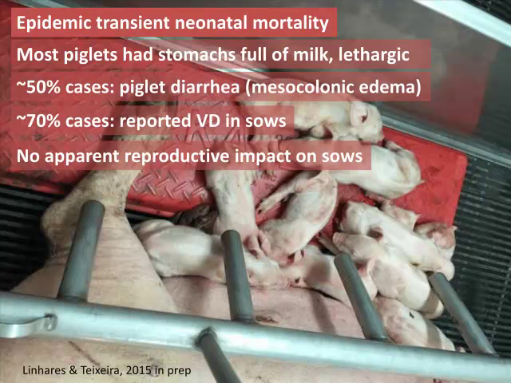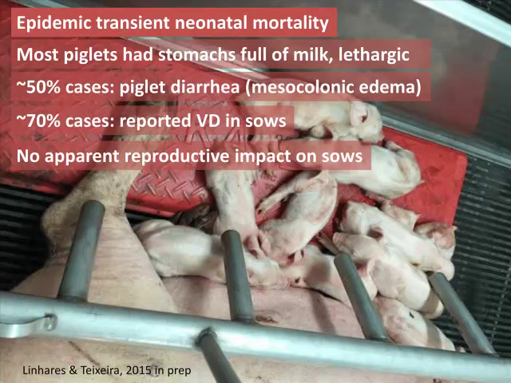We don't know at this point if it's secondary or if it's playing a role. Remember that some 50% of the cases do not have diarrhea, so it's hard to interpret the real role of C. diff in this, but it's striking that mesocolonic edema is a frequent finding in those piglets.